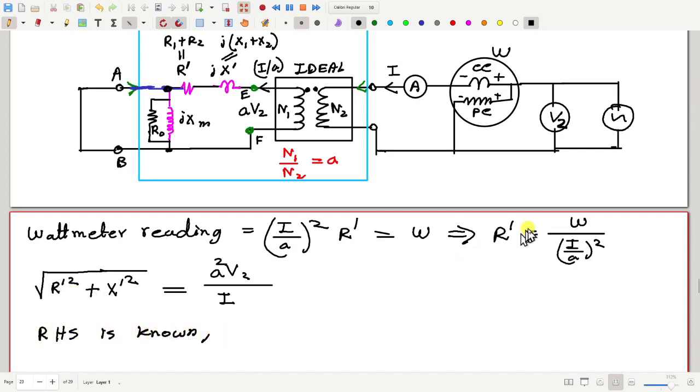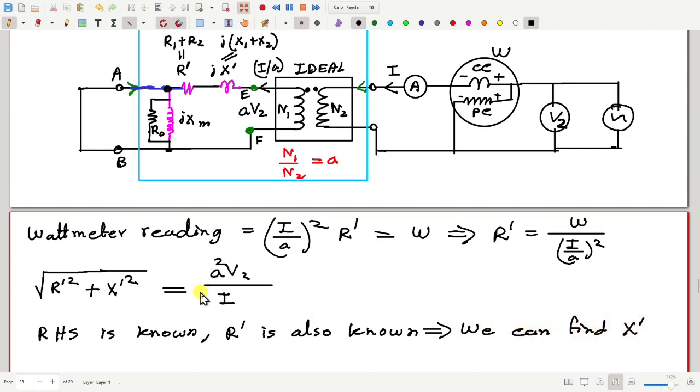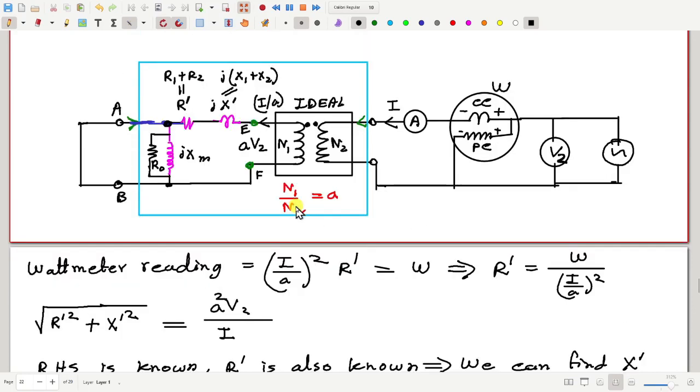R prime we already calculated, so it is also known. So from this equation we can obtain the value of X prime. Okay, so that's how we can get X prime. Any question here so far?